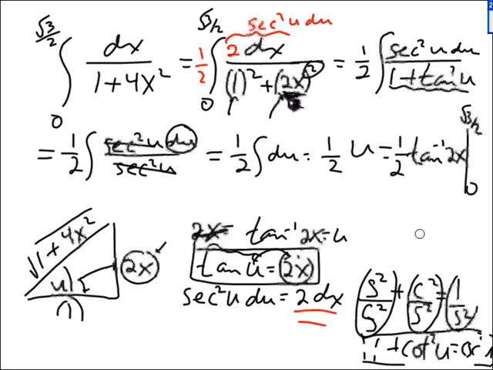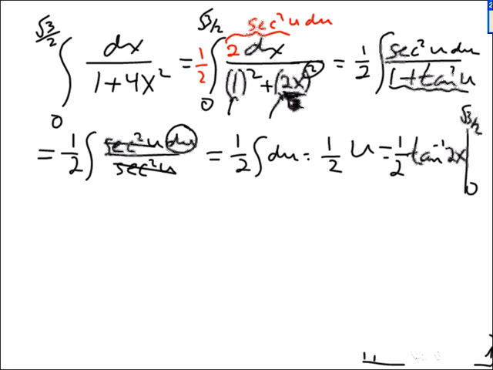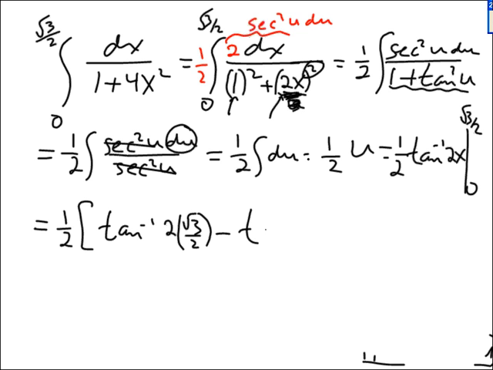Okay, the 1/2, factor it out. Don't let it get in the way. So we have 1/2. First I plug in the upper limit. The arctangent of 2 times x, which is square root of 3 over 2, minus the arctangent of 2 times the lower limit, which is 0.